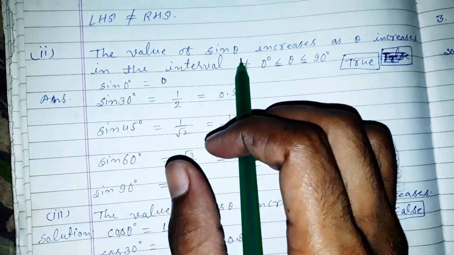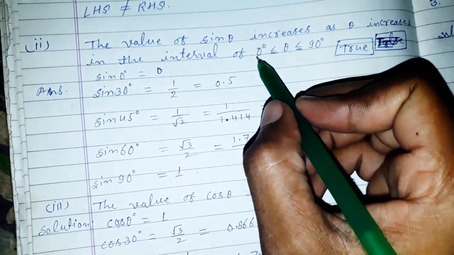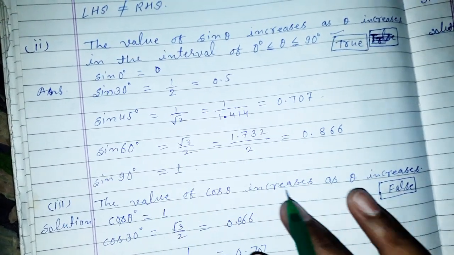Second, the value of sin theta increases as theta increases in the interval 0 to 90.